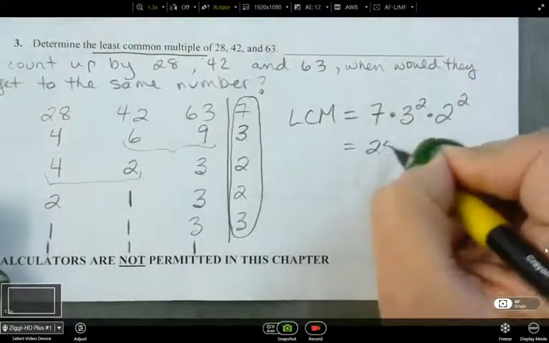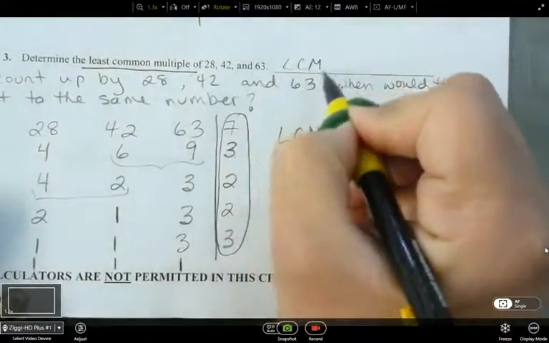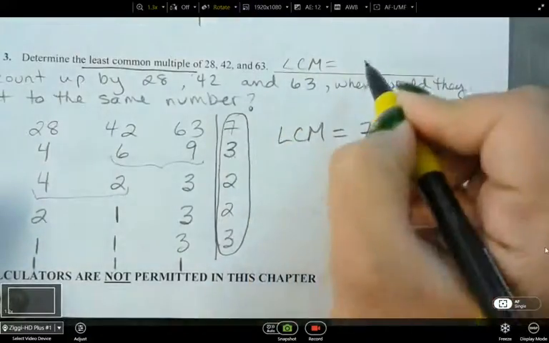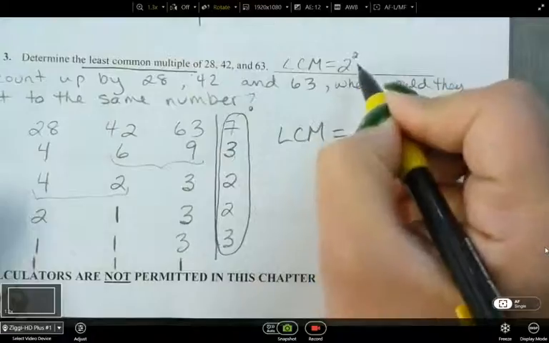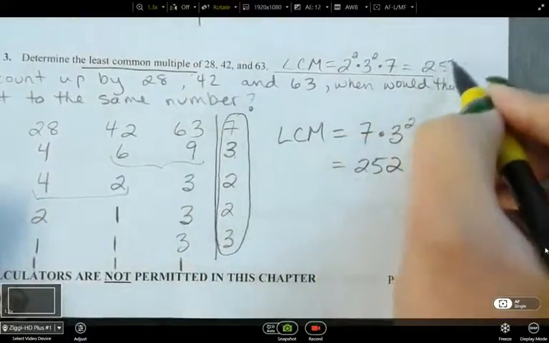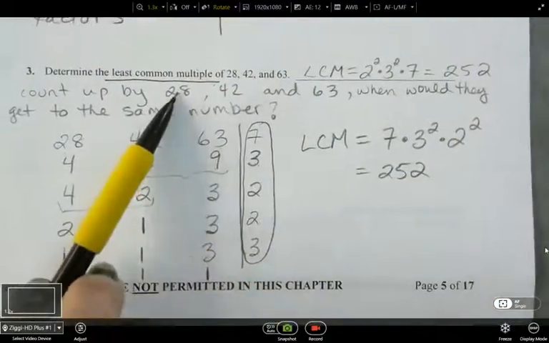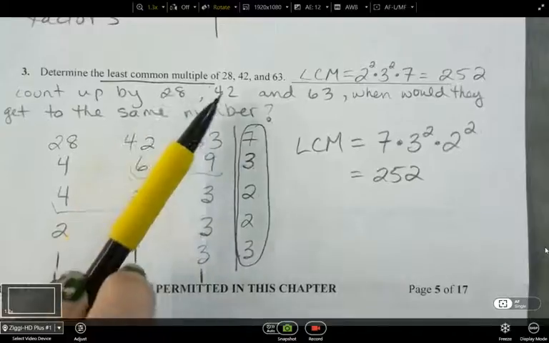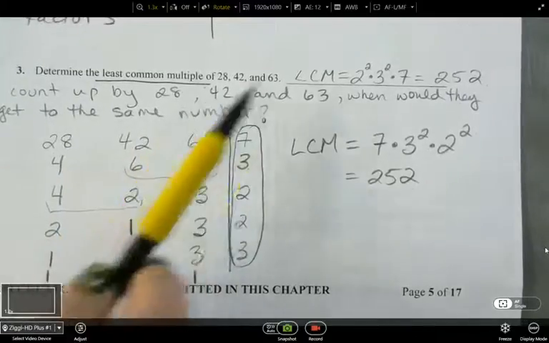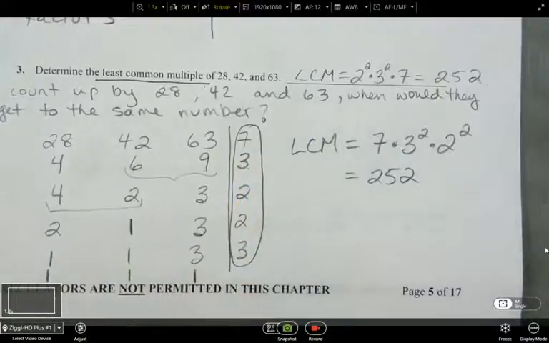So that's 252. So my lowest common multiple is equal to 2 squared times 3 squared times 7, which is 252. So that means if I were to count up by 28, and if I were to count up by 42, and if I were to count up by 63, they would all meet up at 252.